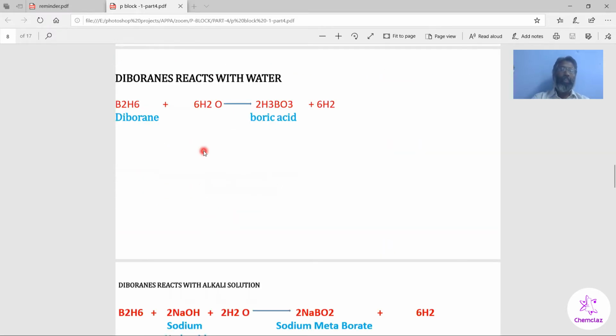The next one is action of water. Diborane dissolved in water gives boric acid, H3BO3, the oxy acid of boron. If you mix sodium hydroxide, then the solution becomes alkaline.